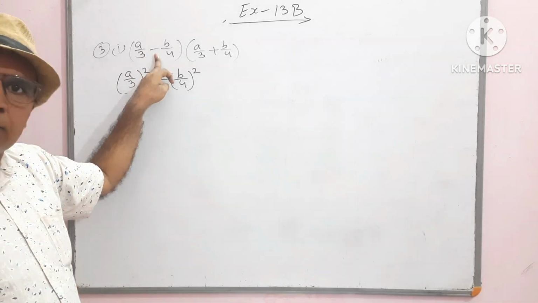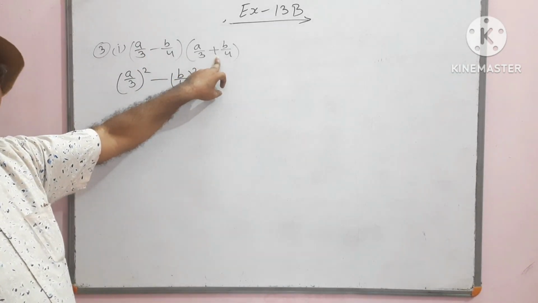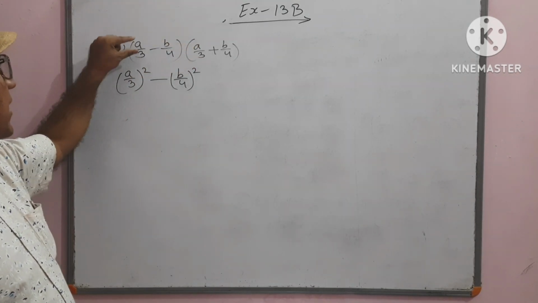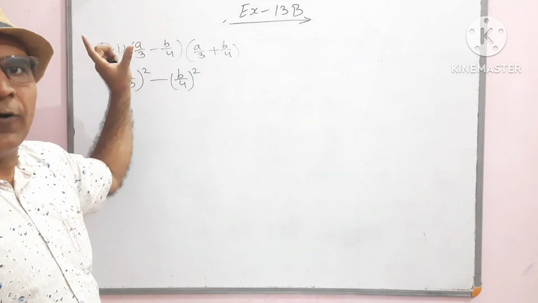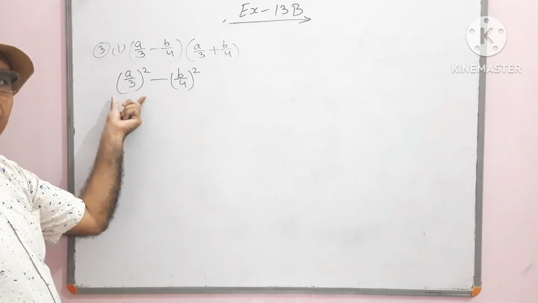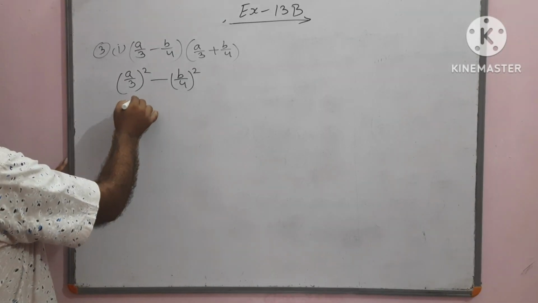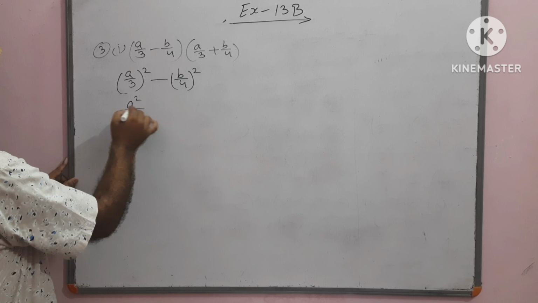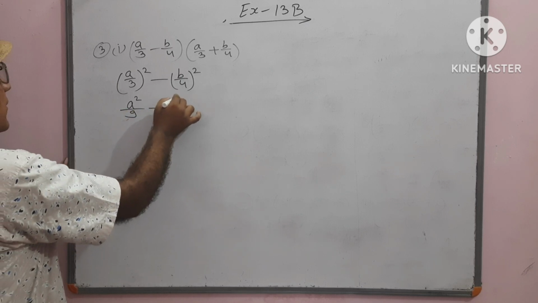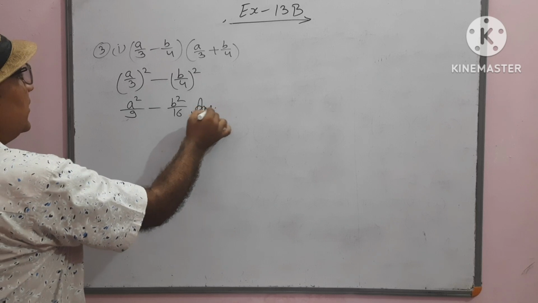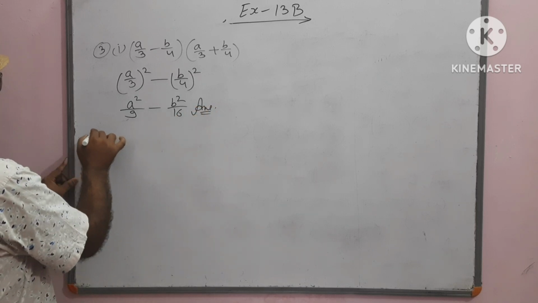In one bracket there is minus sign, in another bracket it is plus sign. So this question is looking like a minus b and a plus b form, so we have written it in the form of a square minus b square. Now calculate it. A square upon 3 square is 9 minus b square upon 4 square is 16, and this will be your answer.